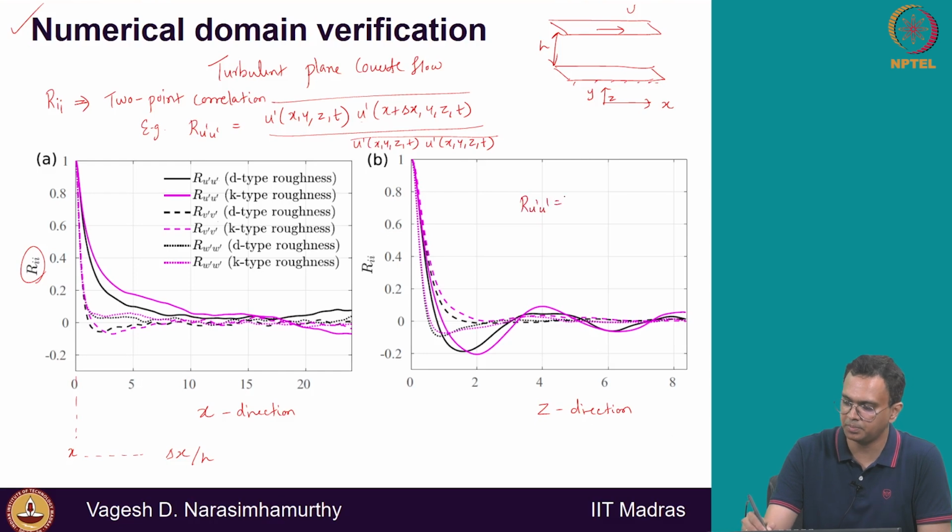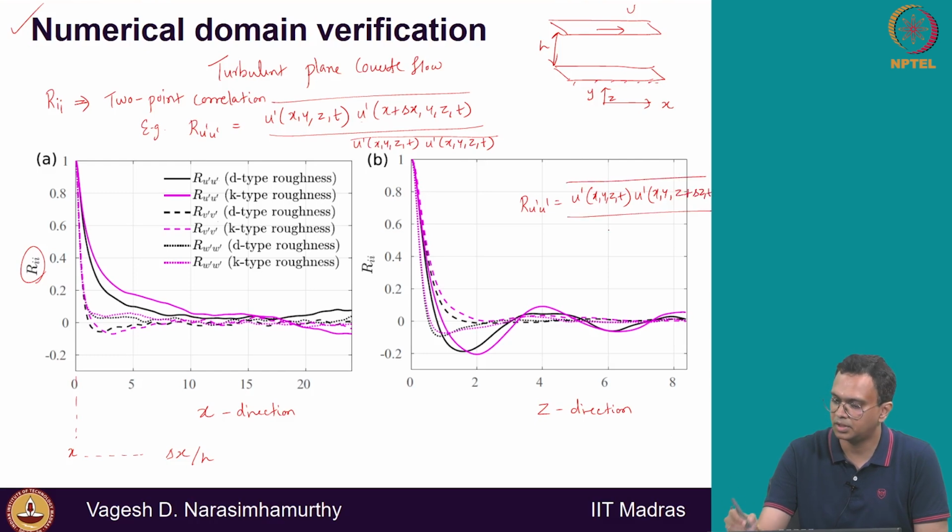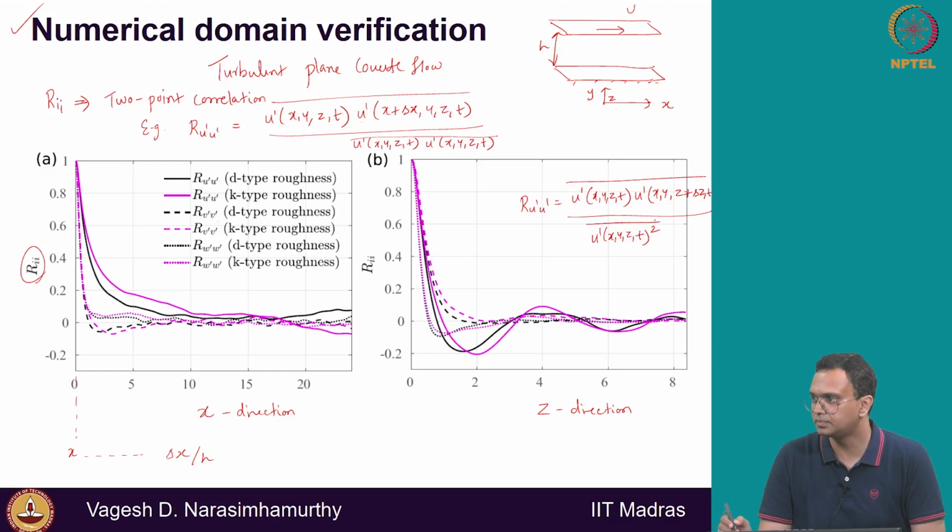So the same R of u prime is the average of u prime of x, y, z, t times u prime of x, y, z plus delta z, t, divided by the average of u prime of x, y, z, t squared.